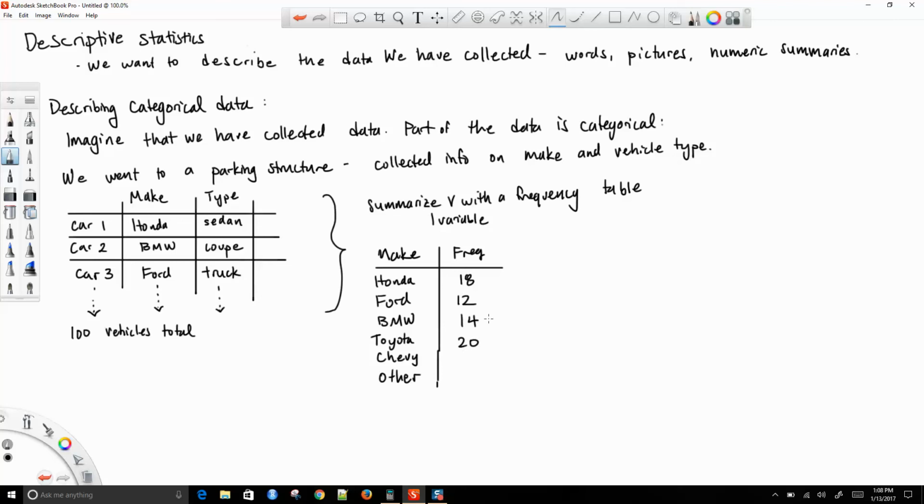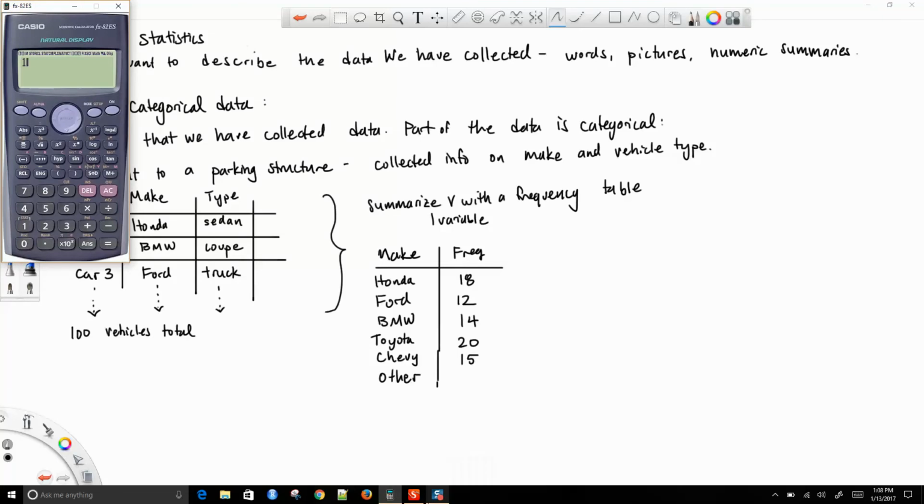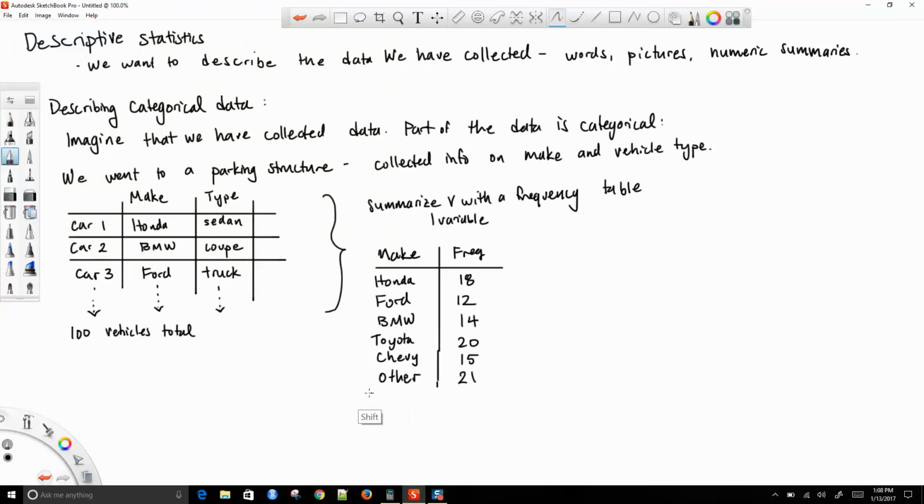But I have to count, so 18 plus 12 plus, okay, so that means we have 21 for the total. So that's summarizing one variable with a frequency table.